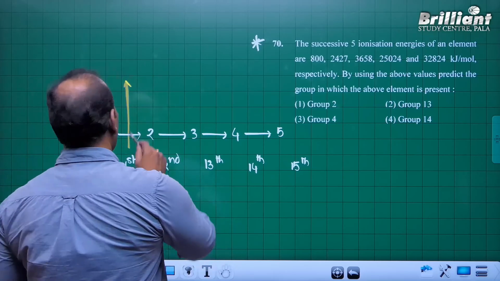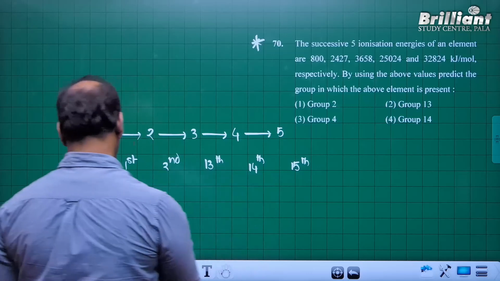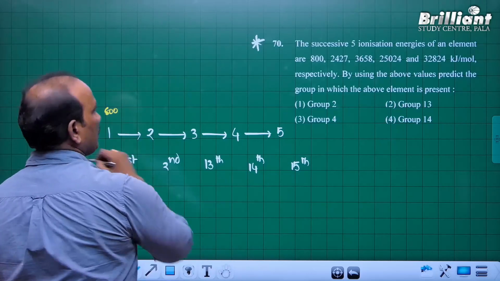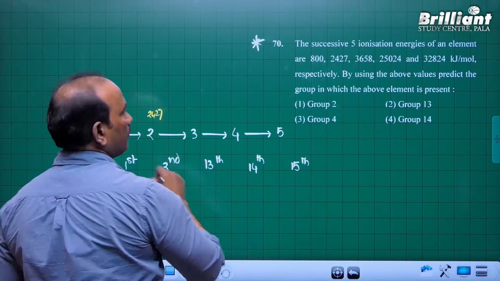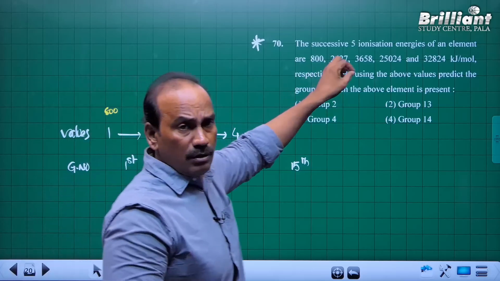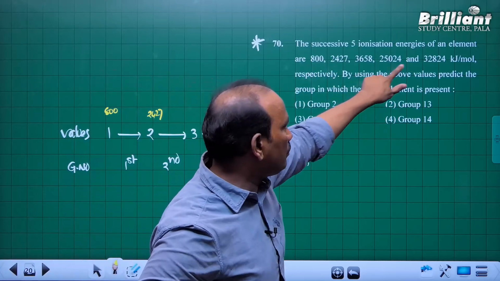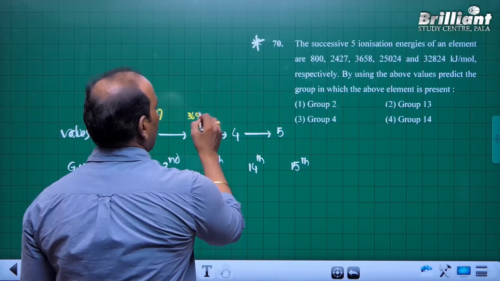Now here, what is that? 800. The second one is 2427. Okay? You need not measure the variation roughly, you just observe. Then this is 3658.